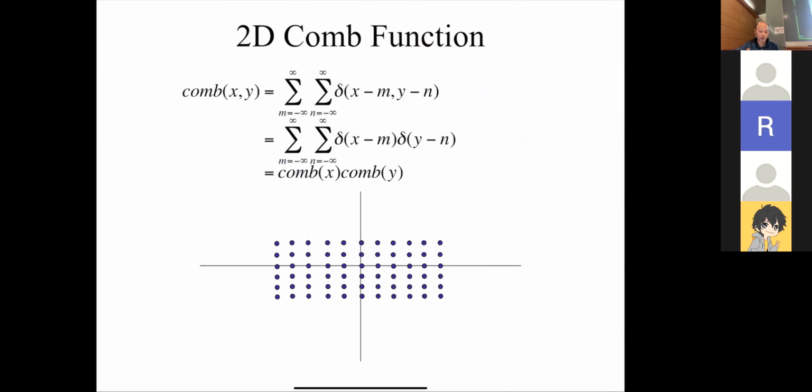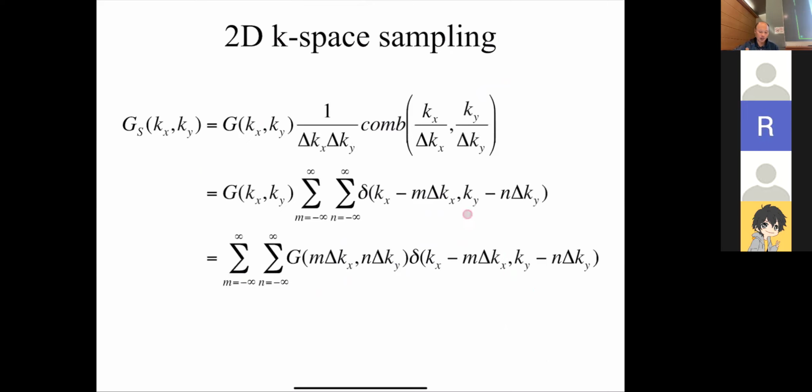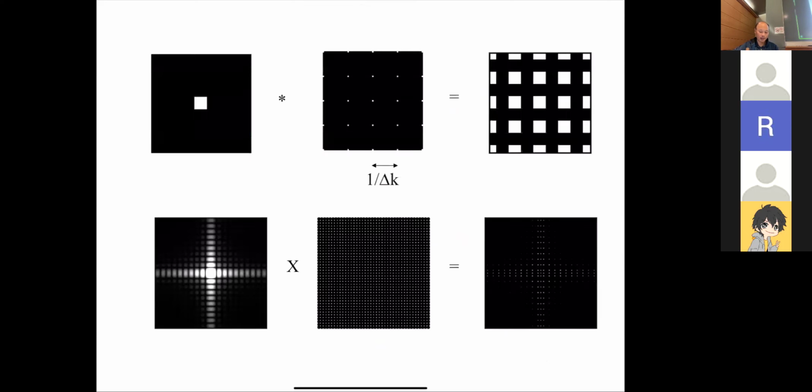We can also do 2D comb functions, which is useful for MR. Same thing, we can have spacing delta x, delta y, and then in k-space the spacing is delta kx, delta ky. If this is my object, this is a 2D sinc function.